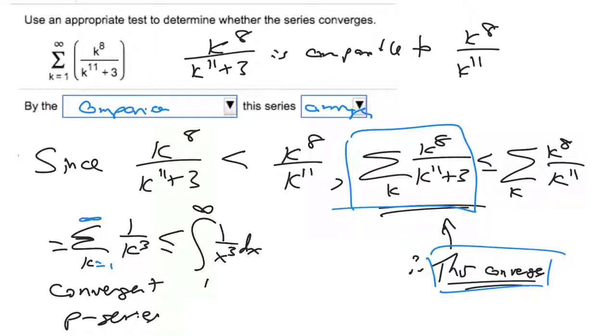This is based on drawing the picture for the integral from 1 to infinity of 1 over x cubed, and then drawing right sums under it. The right sums will fall underneath the curve. It's not strictly true, actually. It's really going from 2 to infinity that will do that.